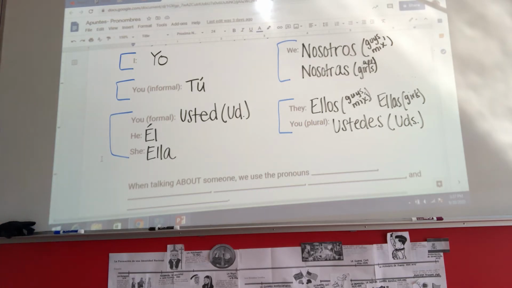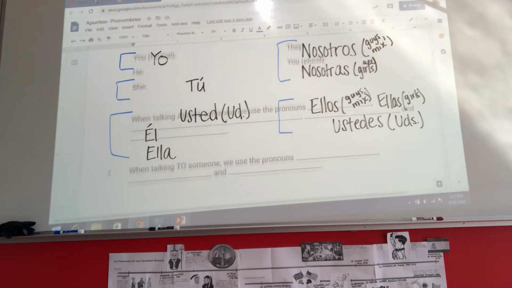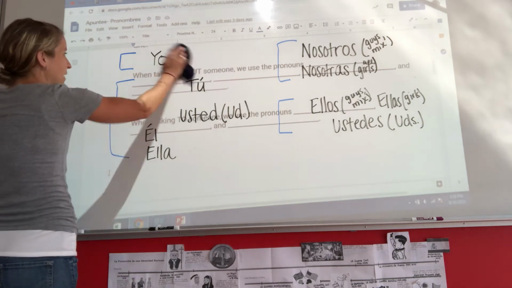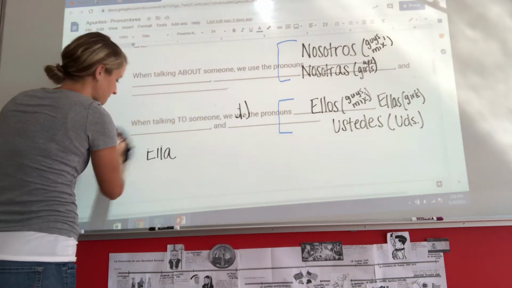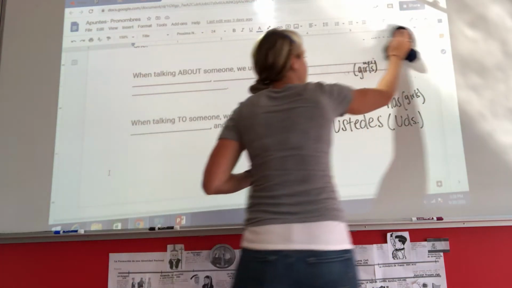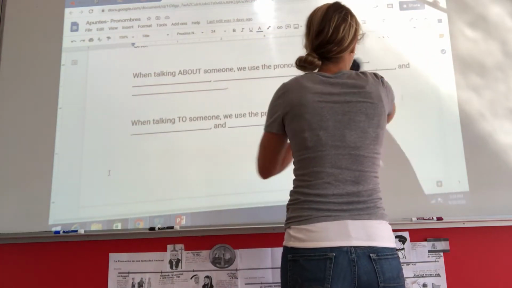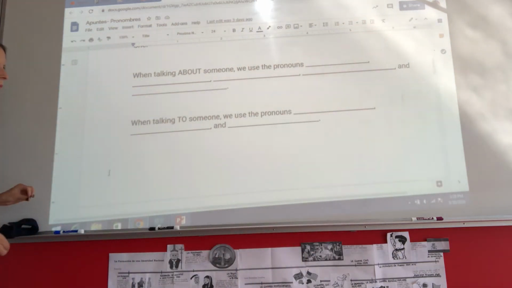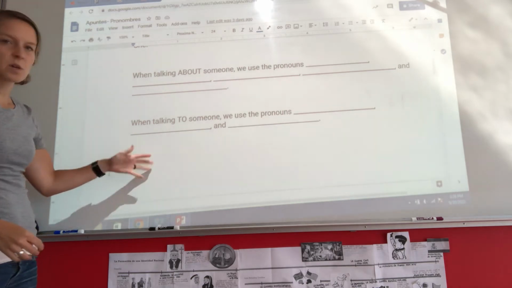Okay, let's go down to the bottom part. When we are talking about someone, it's different than if we're talking to someone. We kind of talked about talking to someone before, so let's start with this one.